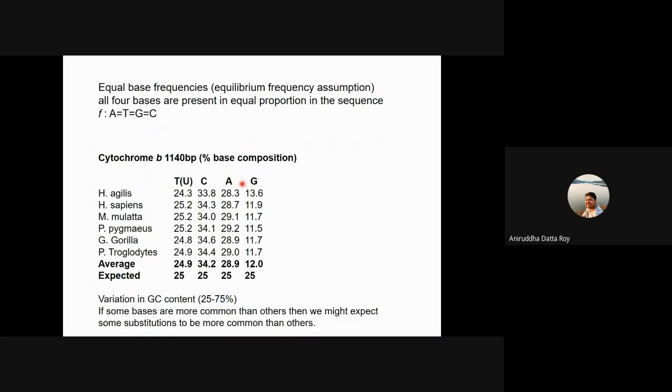Now, till now we have been assuming equilibrium base frequencies, which is that there are equal numbers of A, T, G, and C. But you will realize, even if you just look at the cytochrome B data set that we have given you, which is 1140 base pairs, that there aren't actually equal numbers of A, T, G, and C. Given the assumptions of Jukes-Cantor or Kimura 2-parameter, you would expect all of them to be 25%.